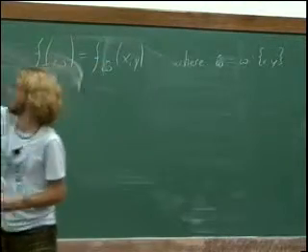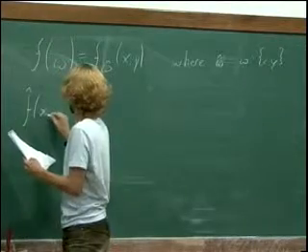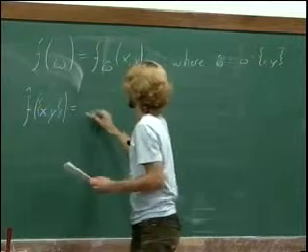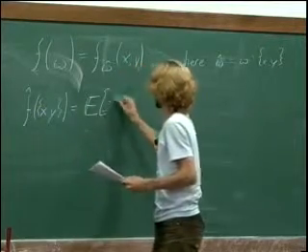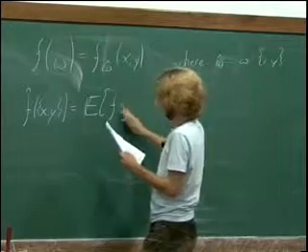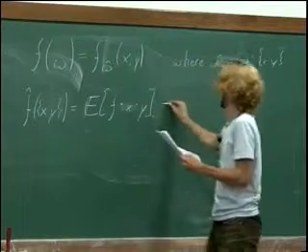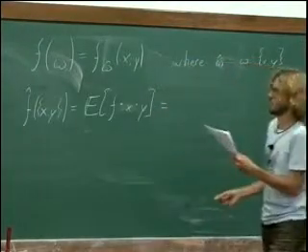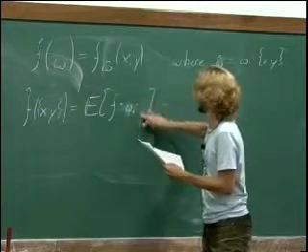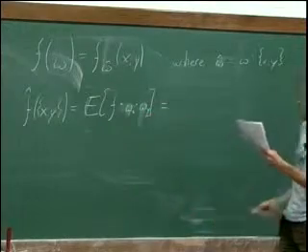Now what you're curious about, the f hat on that side, f hat of the xy set, is just by definition the expectation of f omega x times omega y, because these are the actual input variables.